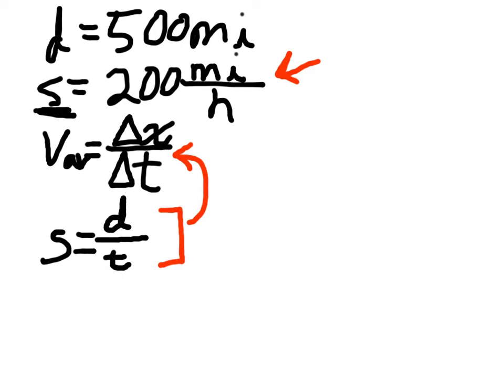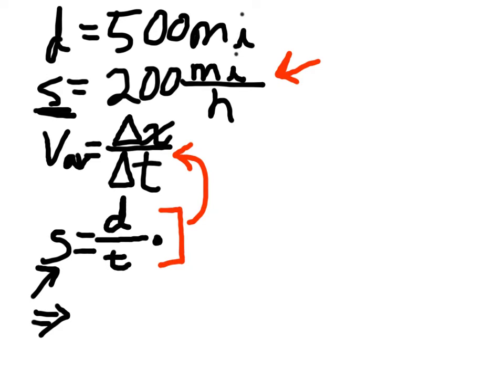Alright, now we're pretty much ready. So we are looking for time. So we're going to take this equation here, and before putting any numbers in, once again, before putting any numbers in, we're going to solve for time. So I'm going to use my therefore symbol. Alright, if I'm solving for time, the first thing I want to do is get t by itself.